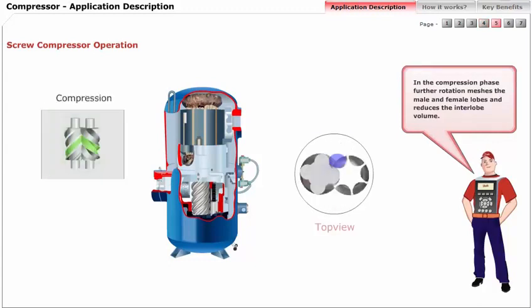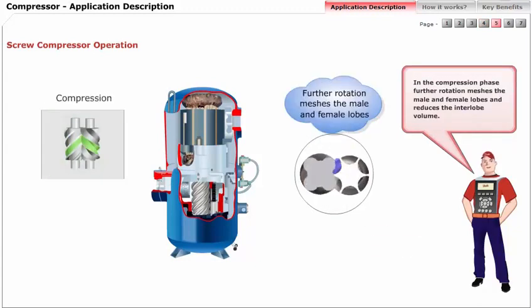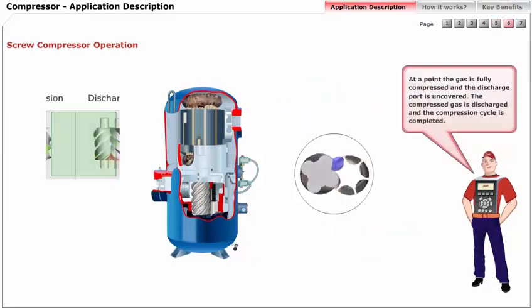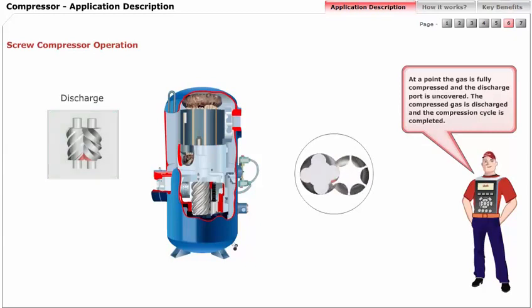In the compression phase, further rotation meshes the male and female lobes and reduces the interlobe volume. At a point, the gas is fully compressed and the discharge port is uncovered. The compressed gas is discharged and the compression cycle is completed.